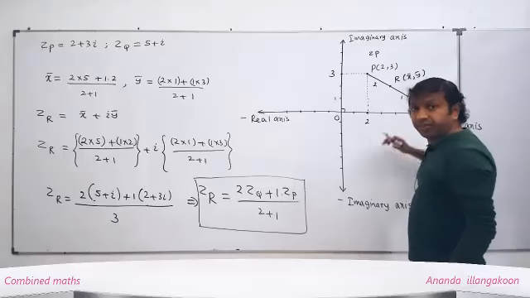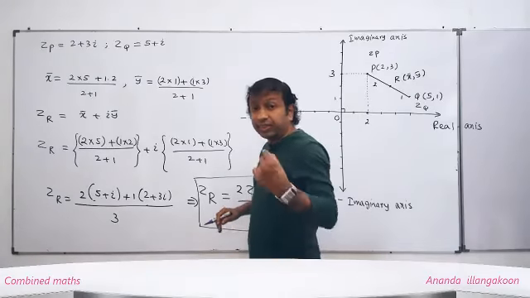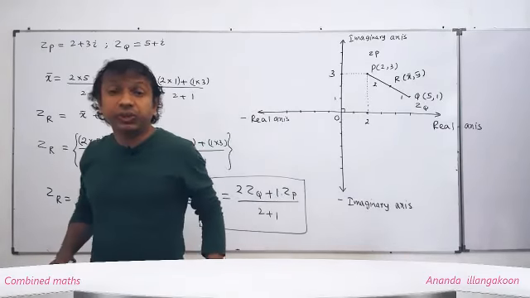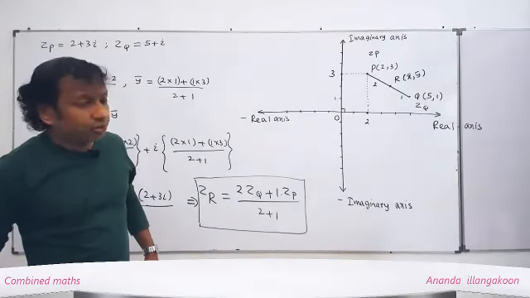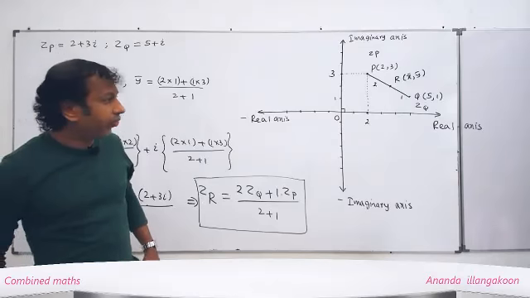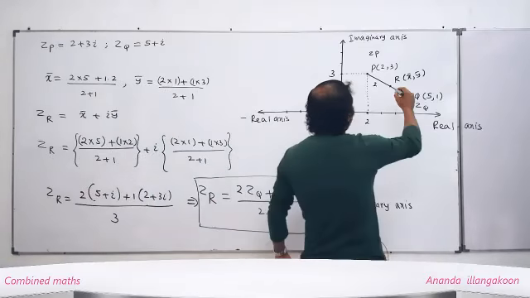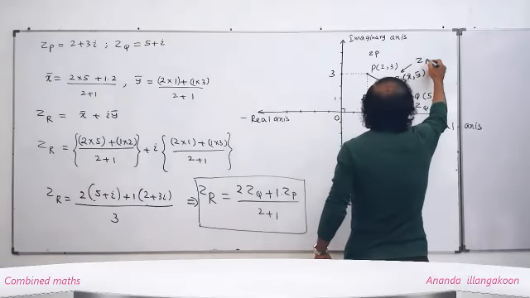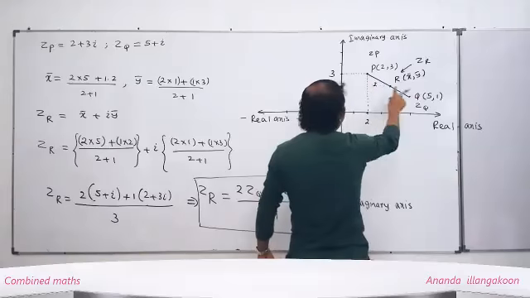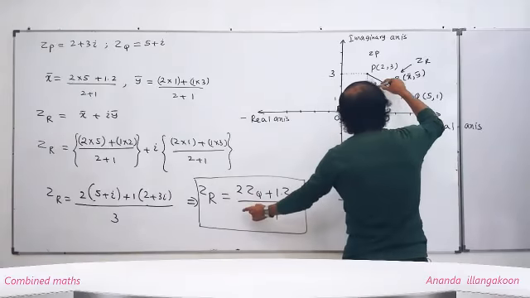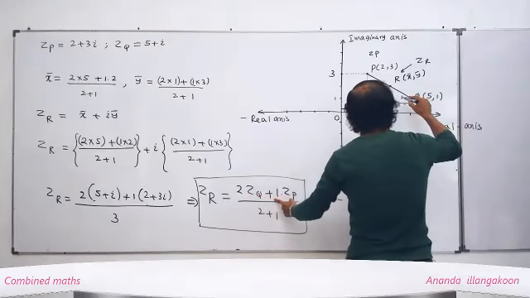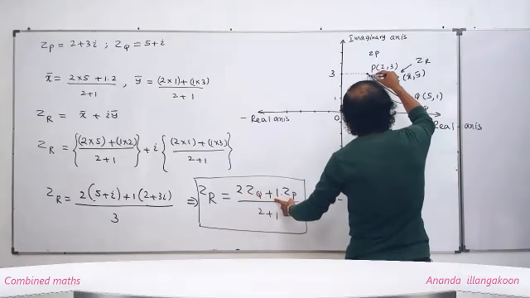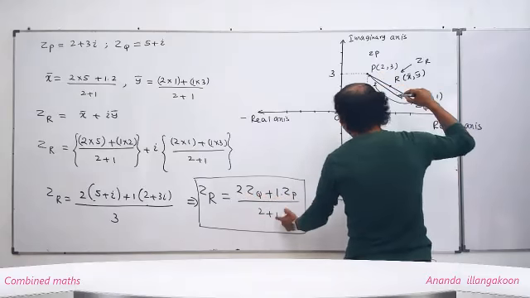can be directly found, people, using the same ratio theorem which we used in the coordinate geometry lesson. Now we've written how, people? 2 times ZQ, this ratio times the other side complex number, 2 times ZQ plus 1 times ZP divided by 2 plus 1.